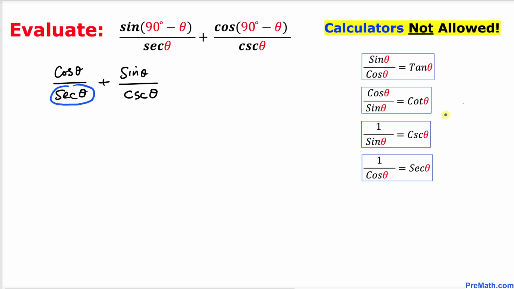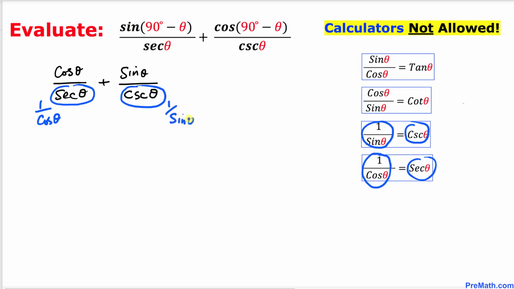Secant of theta, we know, can be written as 1 over cosine of theta. So I can replace that one by 1 over cosine theta. And now let's focus on this cosecant theta. This cosecant of theta is the same as 1 over sine of theta. So I can replace this one by 1 over sine of theta.